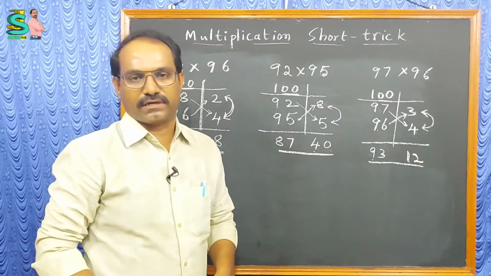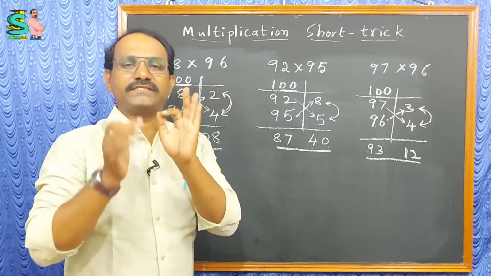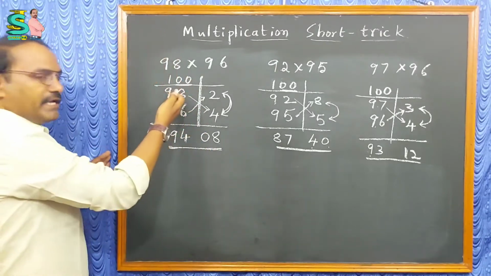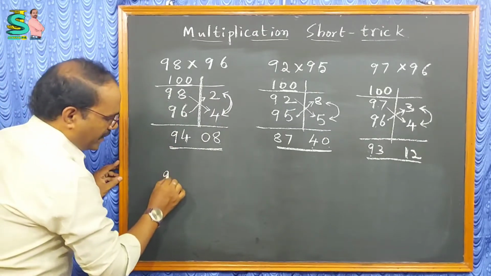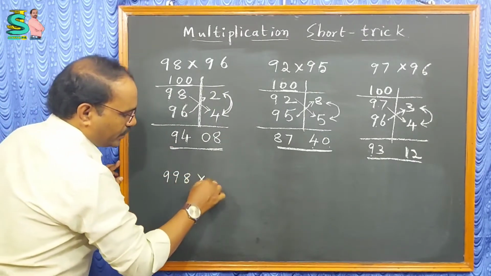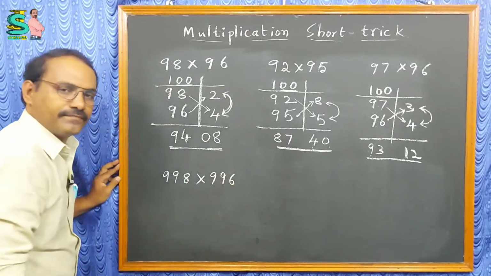Multiplication of 3-digit numbers which are near to 1000, the same process we can follow there also. For example, 998 into 996.